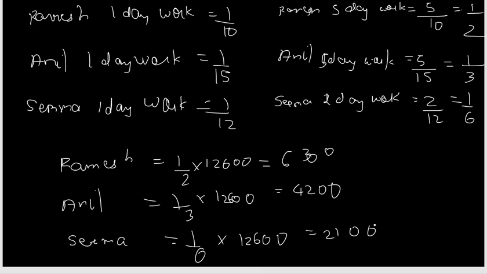Ramesh worked for 5 days, so his capacity would become 5 by 10. Anil worked for 5 days, so his whole capacity would be 5 into 1 by 15, which is 1 by 3. And Seema worked for 2 days, so her capacity would be 2 into 1 by 12, which is 1 by 6. Then all the money was divided based on the capacity, and therefore we got the answer. This solves the problem.